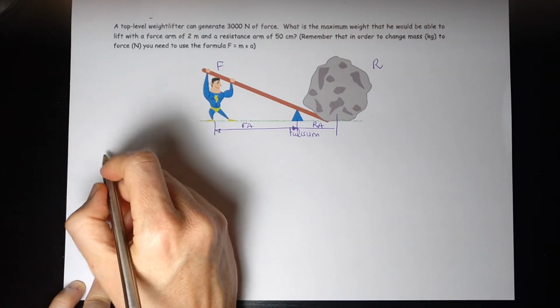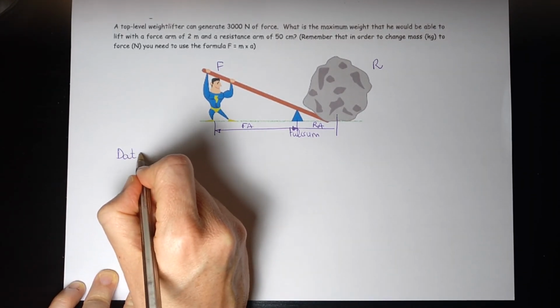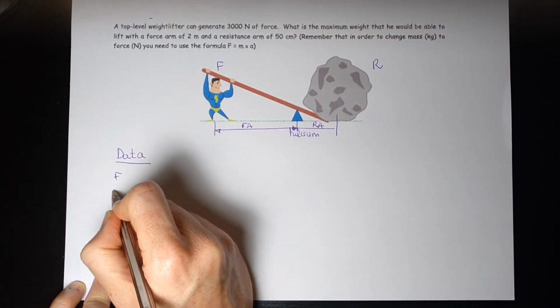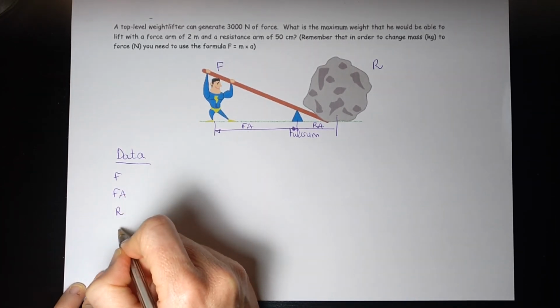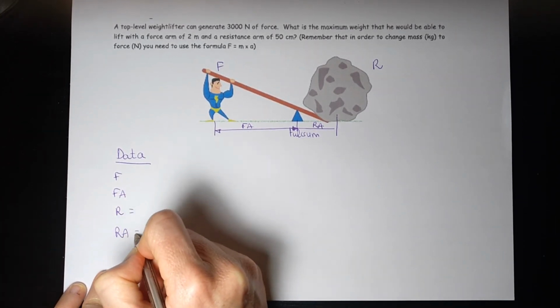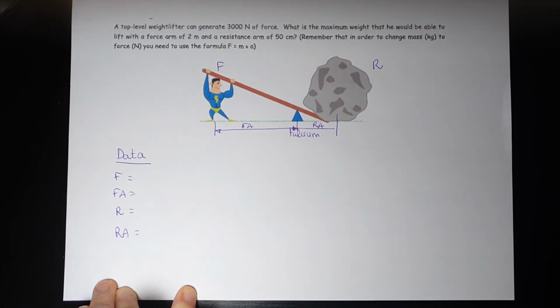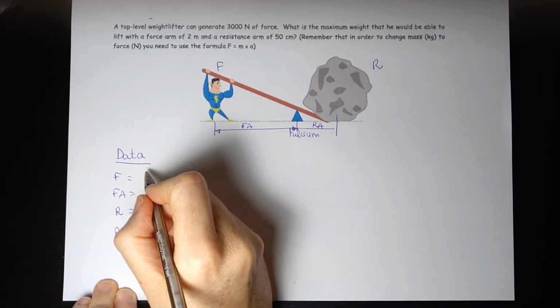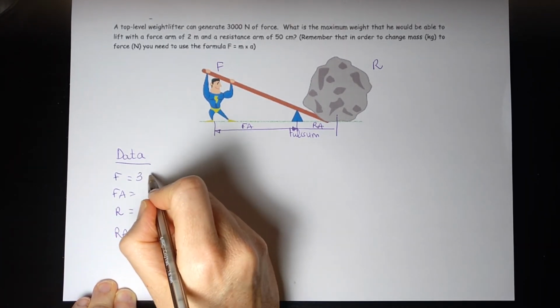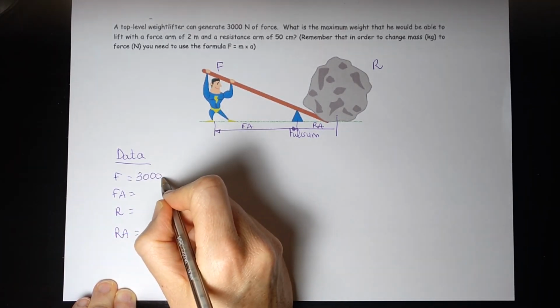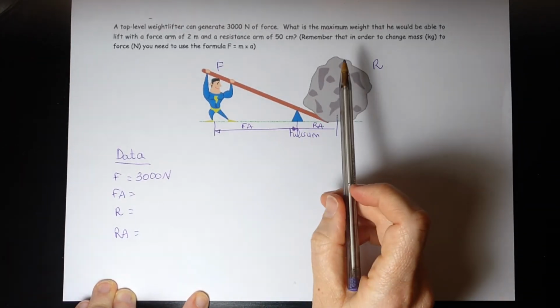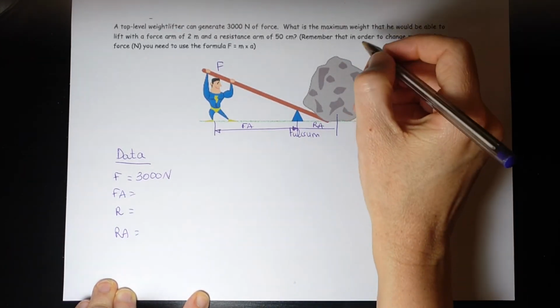We have everything ready. Extract the information, data, force arm, resistance arm. And now we are going to read it carefully. A top-level weight lifter can generate 3,000 newtons of force. What is the maximum weight? Be careful.